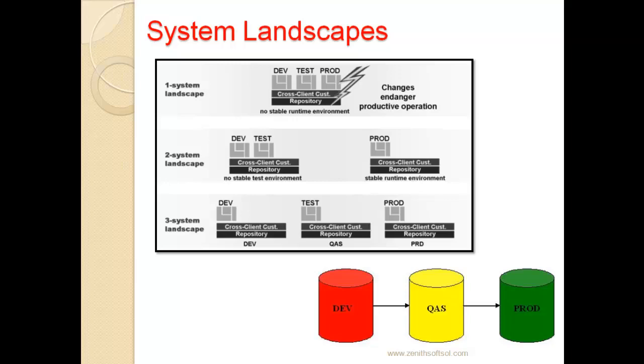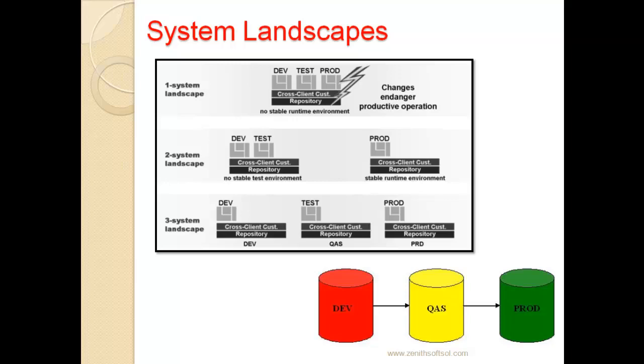It is where the consultants do the customization as per the company's requirement. The quality system is where the core team members and other members test the customization. Whereas in the production system, all the live data of the company is recorded.